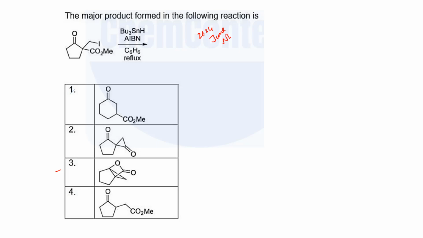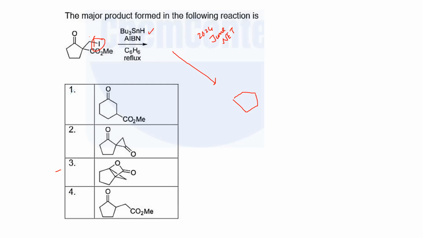From the reagent, as I already told in the last class, if this Bu3SnH is given and if there is a halogen, this bond will break and it will generate a radical. If you want an idea about the mechanism, you can check my last class.